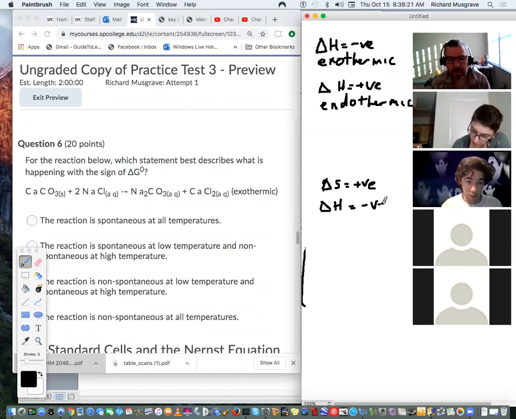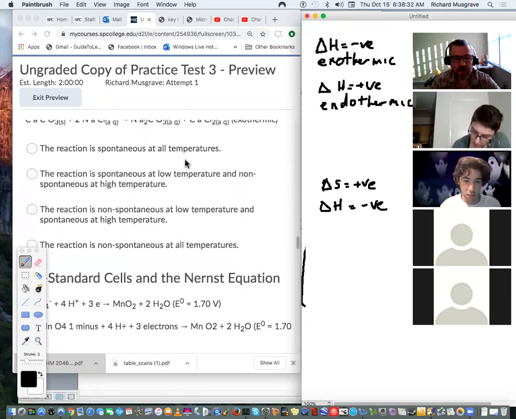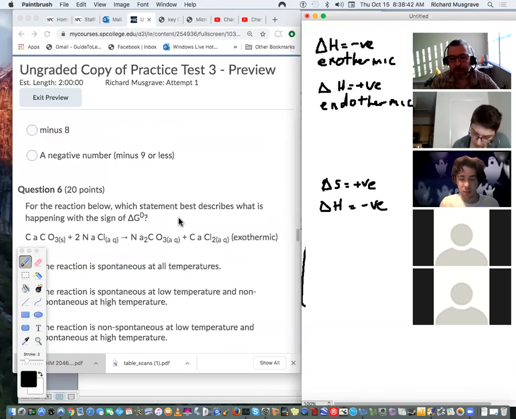That's going to be negative. And then I can apply what we talked about earlier to determine which situation applies, whether it's going to be spontaneous at all temperatures, non-spontaneous, or whether there's going to be variation with temperature, as we talked about earlier. And that's all there is to it.